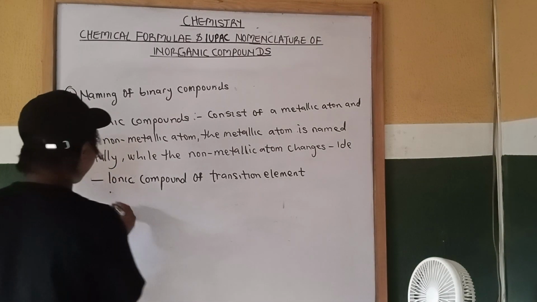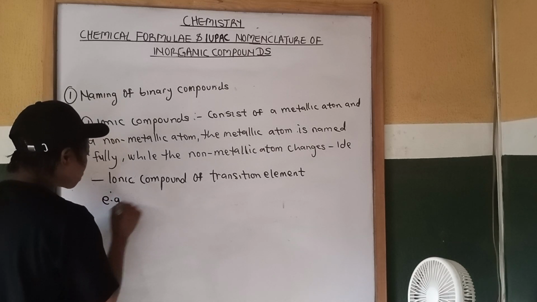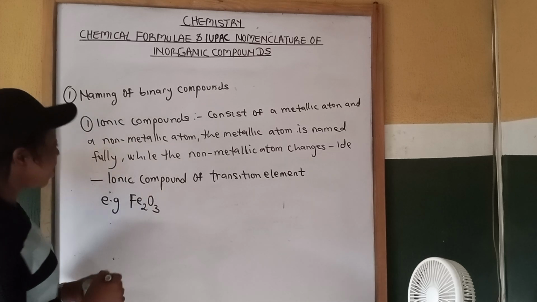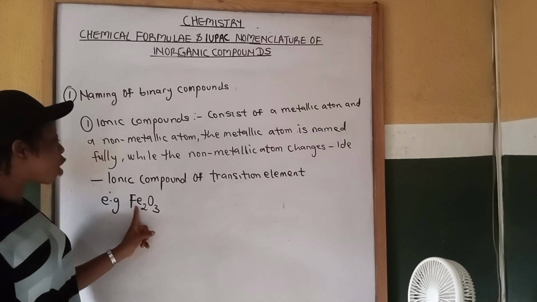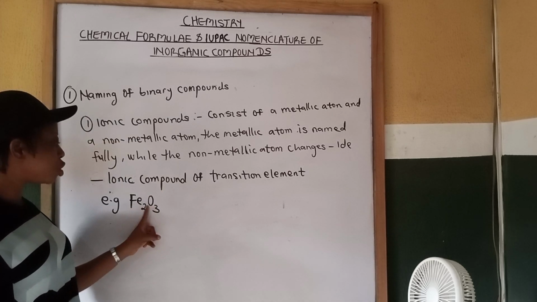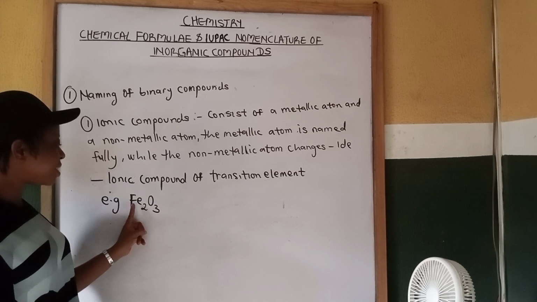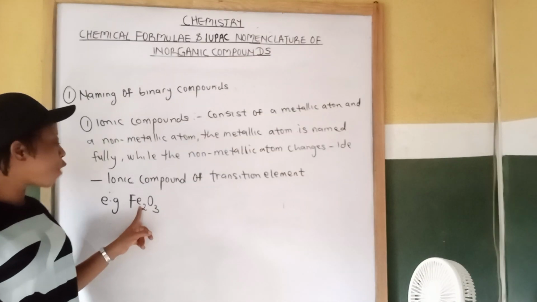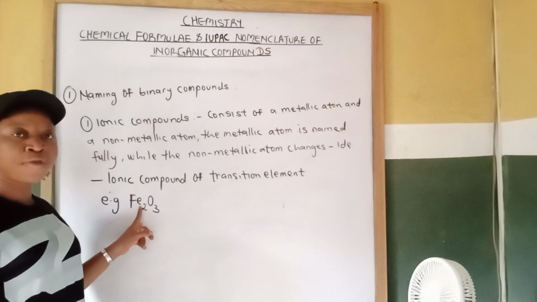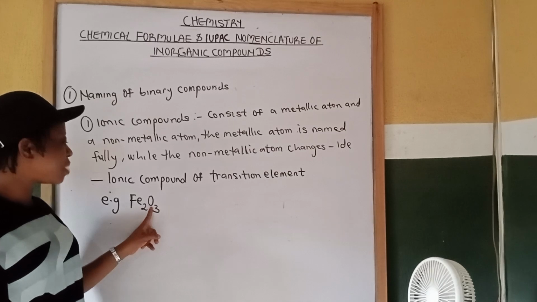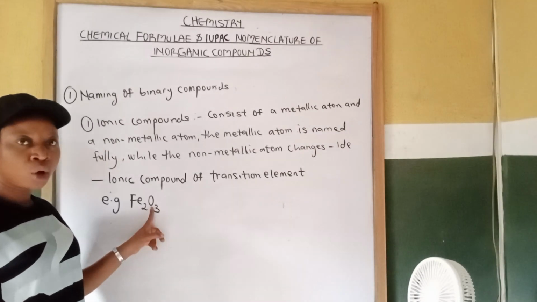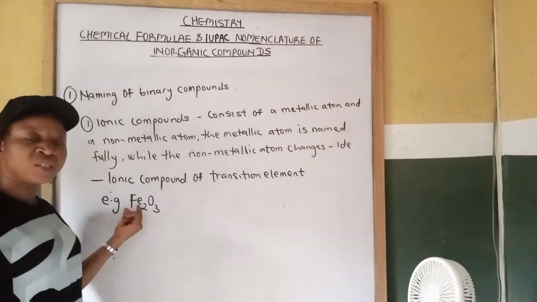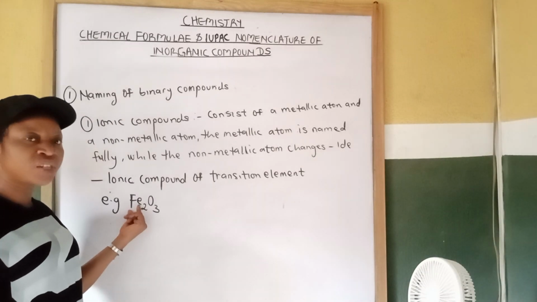So let's take for example, Fe2O3. Fe2O3 is the combination of two different atoms, that is Fe and O. Fe is the symbol for iron, while the chemical symbol for oxygen is O. Now Fe, which is iron, is a transition element.